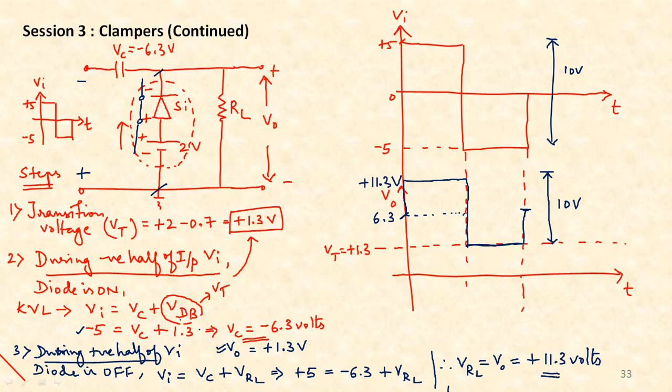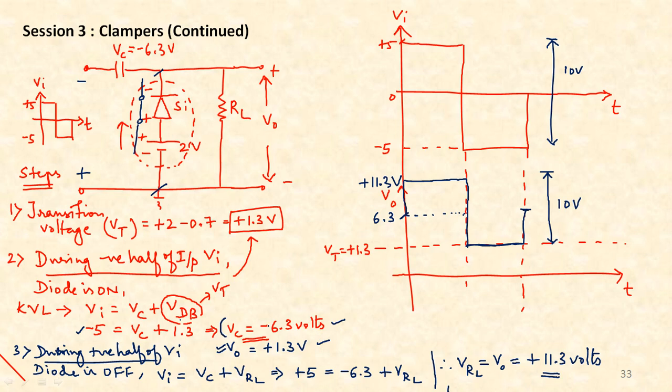Based upon that, if I find VC, it will be minus 6.3. VC is the voltage across the capacitor and V0 is the voltage across the output, so these two should not be confused.